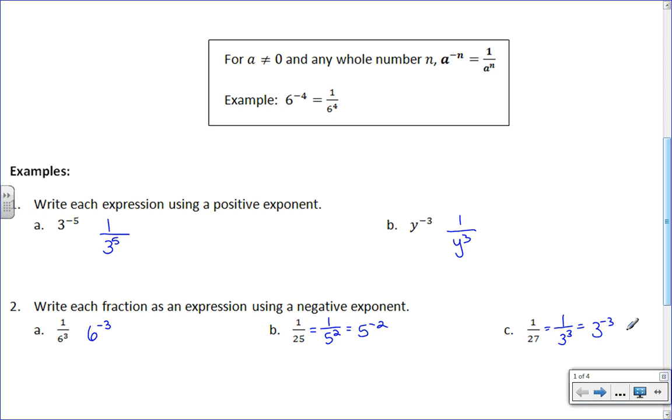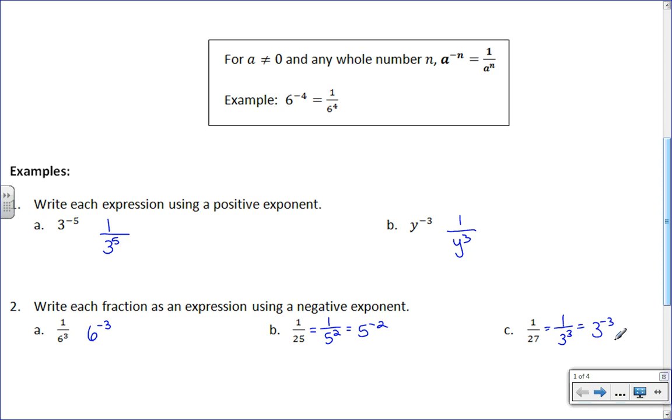Now, sometimes in math, it's more helpful to have positive exponents, whether they're in the numerator or denominator. Sometimes we just want to avoid fractions completely, and we'll use negative exponents.